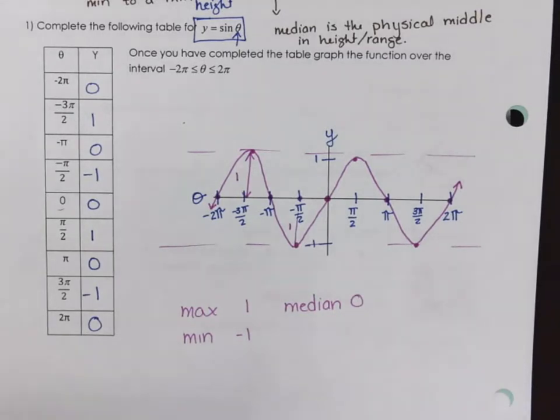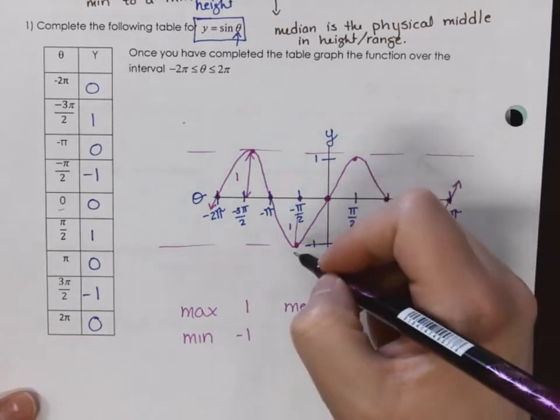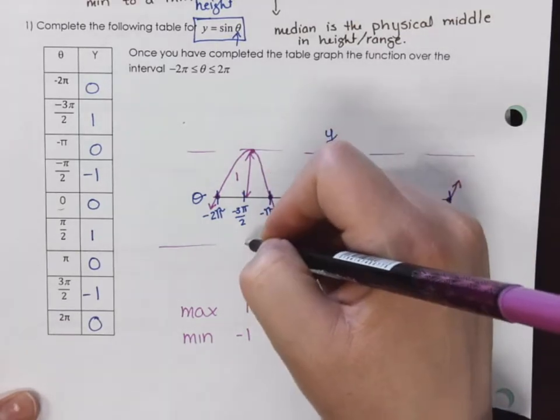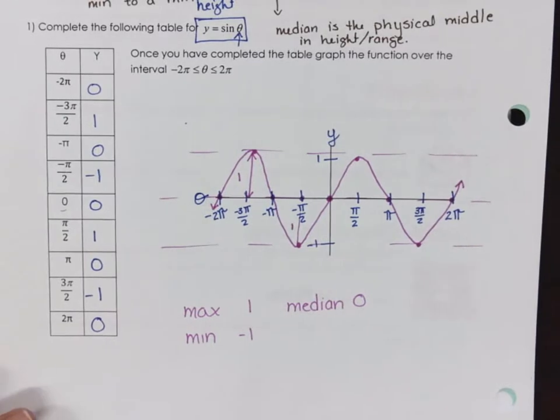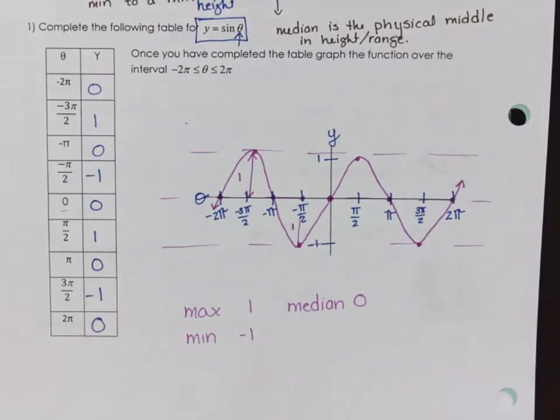And if I were to cut this graph in half, it's a sinusoidal function, so it's similar to parabolas. It's symmetrical. So if I fold it in half, this should dump up here and this should dump down here. So this, right along here, is my median. Where can you fold that graph in half?